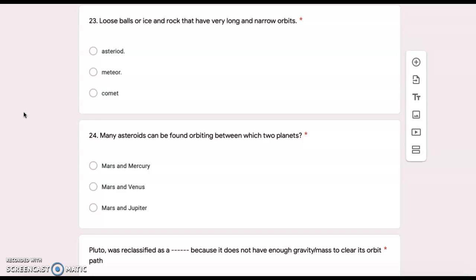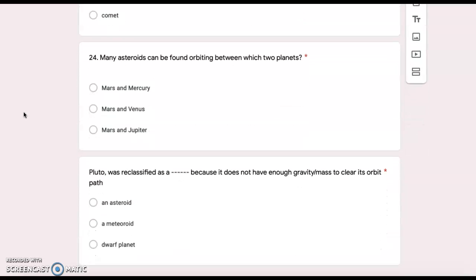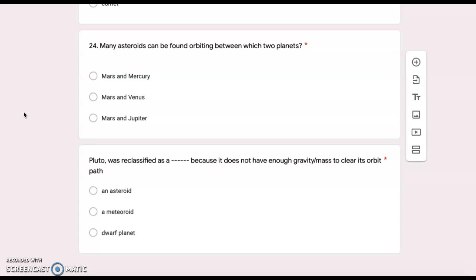Loose balls of ice and rock that have very long and narrow orbits: asteroid, meteor, or comet.